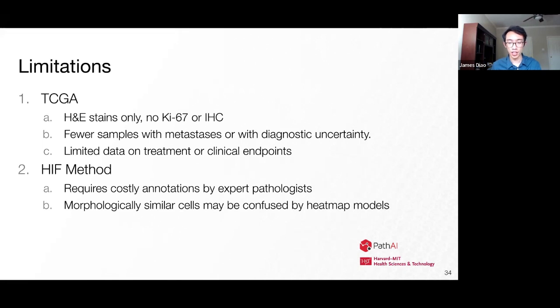So, for example, for stomach adenocarcinoma, when the tumor would infiltrate into the muscle lining, a lot of the smooth muscle cells got incorrectly classified as fibroblasts. And so if we had dedicated more resources and effort towards squashing that out and collecting more targeted annotations, we would have done a little better on that.